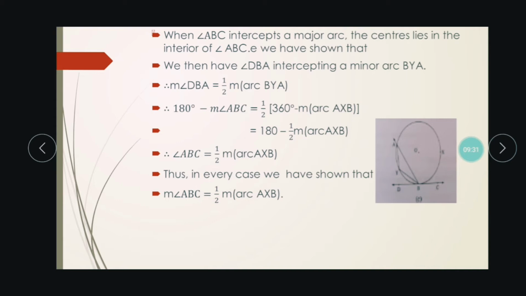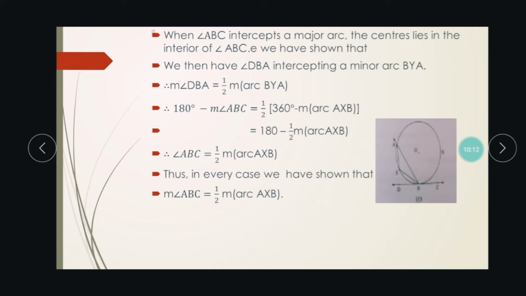What I am doing here is multiplying half with the whole bracket. So the equation will be 180 minus measure angle ABC is equal to 180 minus half measure arc AXB. 180 gets cancelled. My equation is minus measure angle ABC is equal to minus half measure arc AXB. Minus gets cancelled. Therefore, angle ABC will be equal to half measure arc AXB.